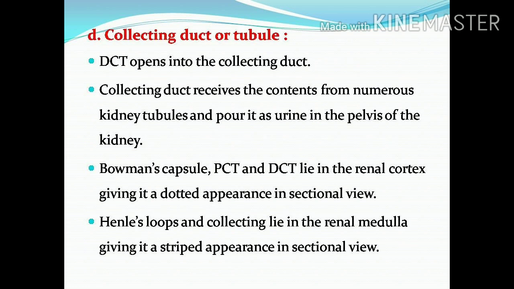Next, collecting duct or collecting tubule. The distal convoluted tubules open into the collecting tubule. These tubules then fuse to form a duct, which receives the contents from numerous kidney tubules and pours it as urine into the pelvis of the kidney.